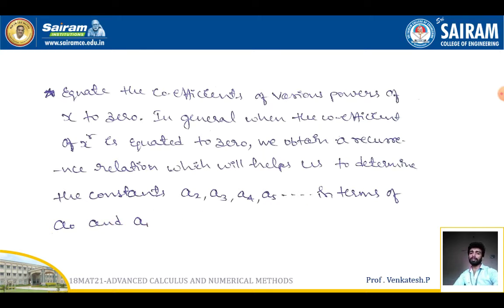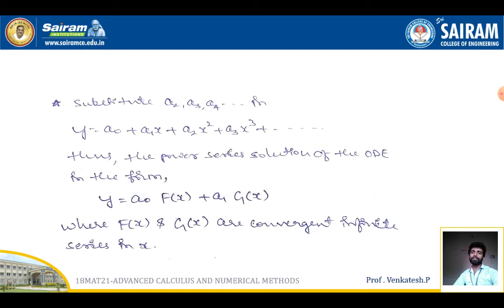After finding all these constants, we have to replace a2, a3, a4 and so on in the assumed equation, that is y is equal to summation r from 0 to infinity a r into x power r.